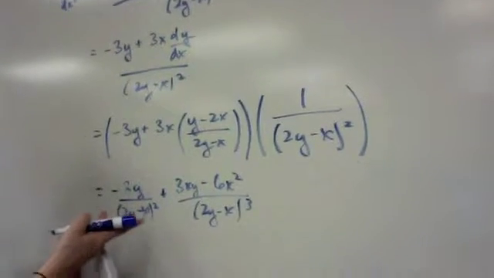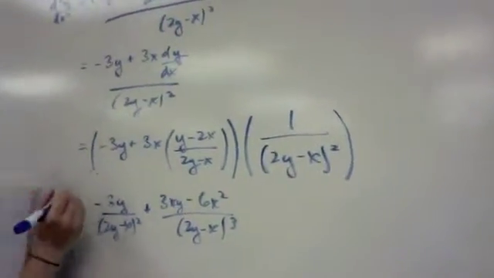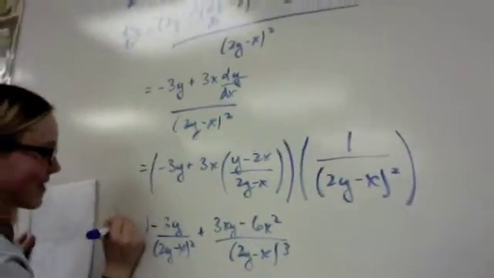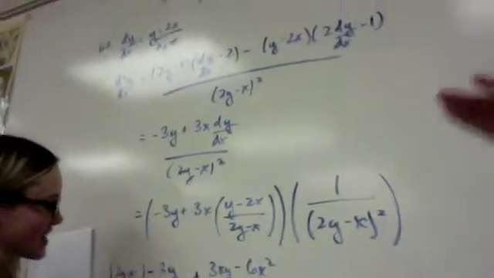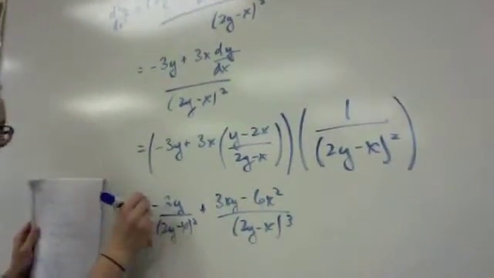Well, you can't add those, so you got to make this cubed as well. So you multiply by 2y minus x on top and bottom, because that's the same thing as multiplying by 1, so you're allowed to do that.